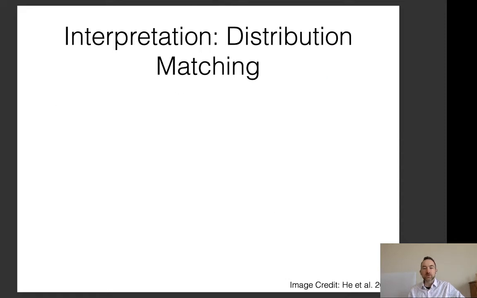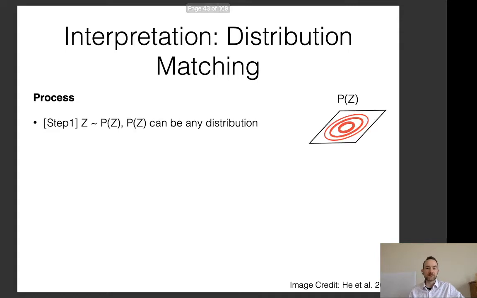Another way to interpret this is distribution matching. And this is particularly important when we're also talking about other varieties of adversarial methods as well. So the process is that we have a distribution P of z, the distribution over latent variables, where P of z can be any distribution that we wish.